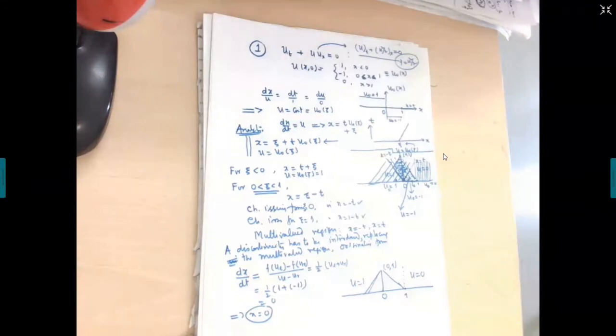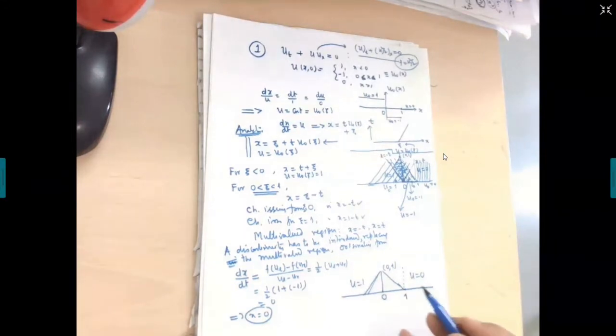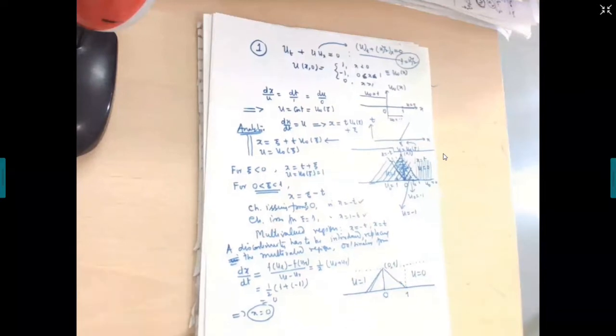All right. So now, what is the scenario beyond this? What happens to the solution at (0, 1)? At (0, 1), the solution is overdetermined. Why?